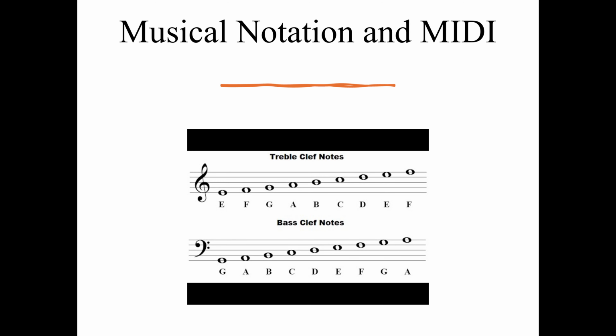Now, the pitches in front of you are all of the white keys on a piano. If you were to sit down at a piano and only play white keys, you would play those pitches and you would be playing in the key of C major. Then there are the black keys, which we call either sharps or flats.